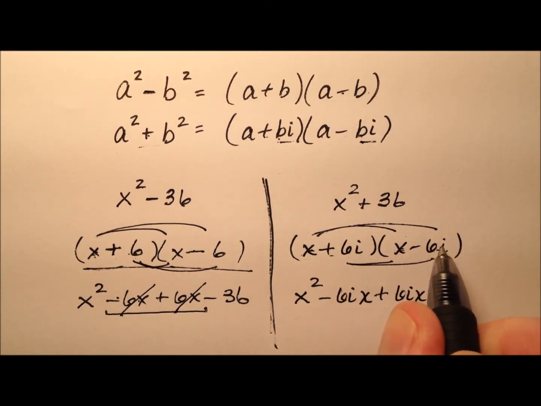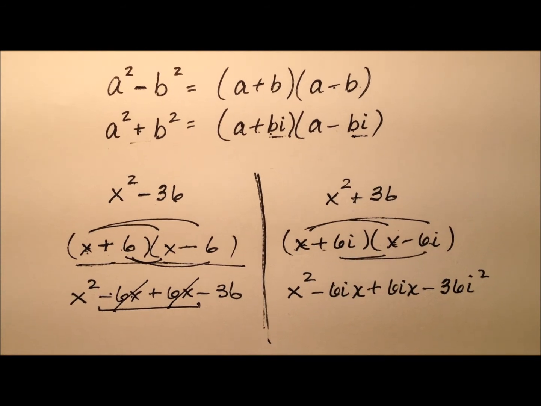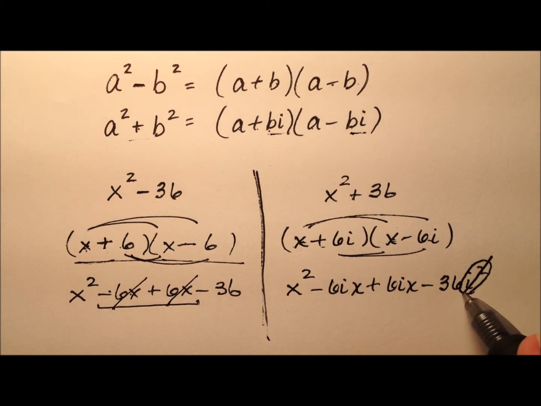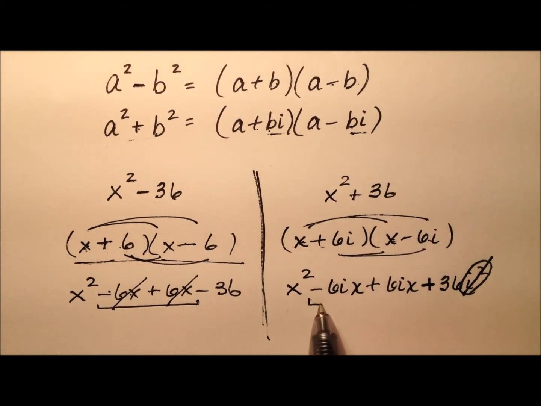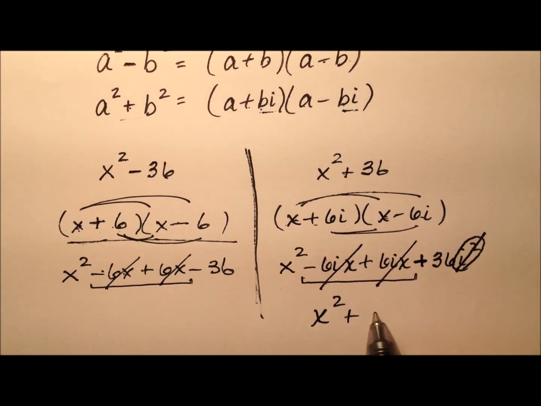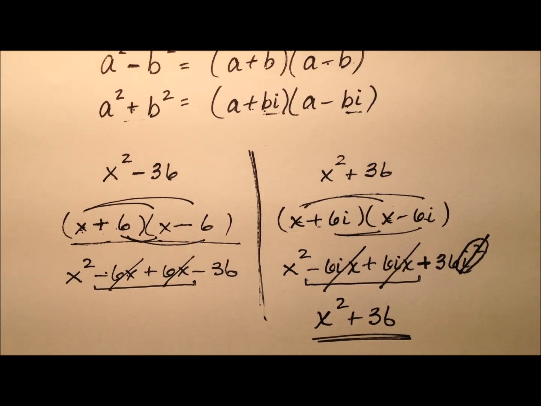And then 6i times -6i is negative 36i squared. And here is the key. This i squared is actually a -1, so it causes this subtraction sign to become an addition sign. Notice still that these middle terms cancel out, so now we're left with x squared plus 36. So there's the difference.